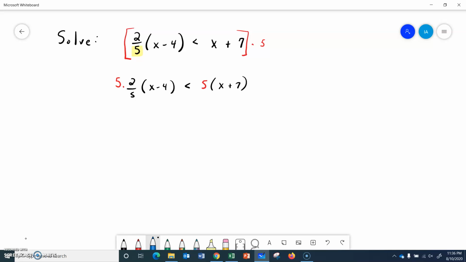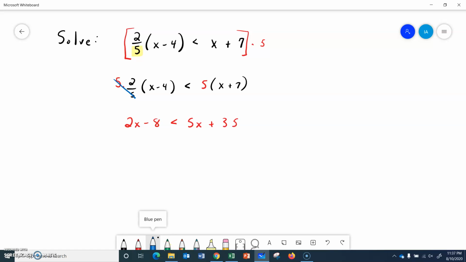On the left hand side, the 5 and the 5th cancel out, so we're just left with distributing on both sides. After we distribute, the left hand side will have 2x minus 8, and the right hand side will have less than 5x plus 35.